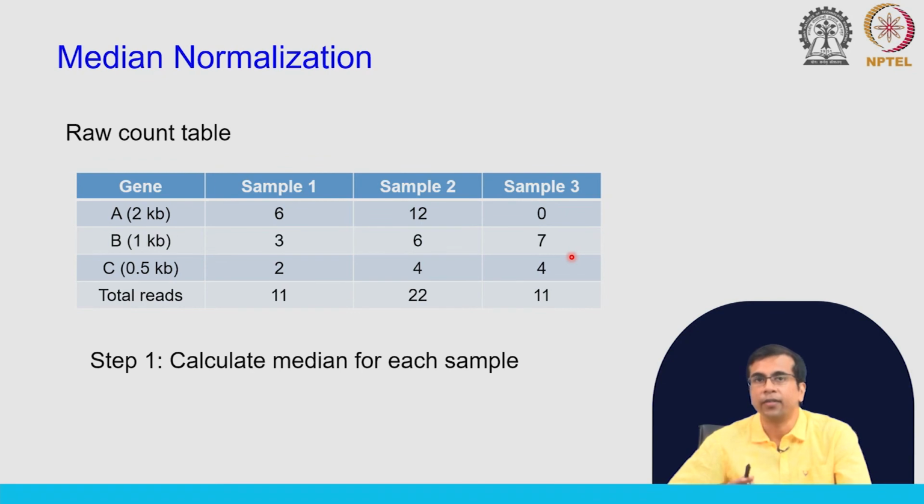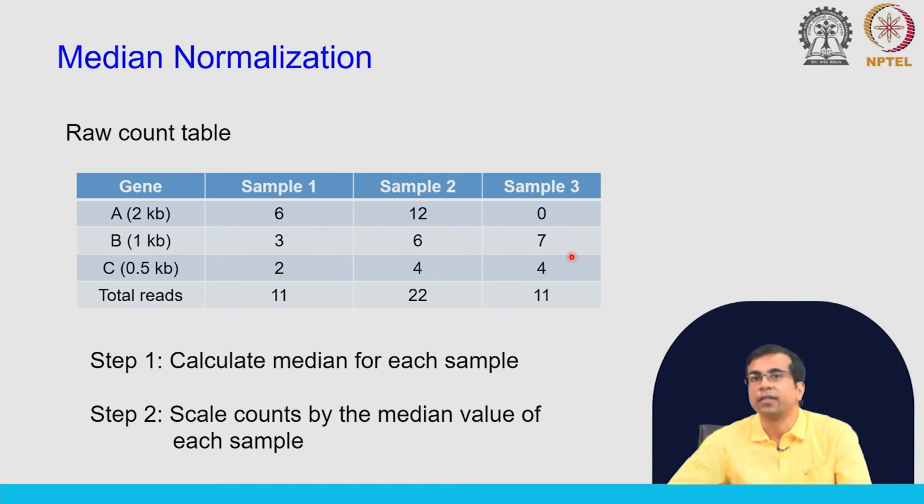So, this is the idea. Step 1, we calculate the median for each sample and then scale the counts by the median value of each sample. And at the end what you will get is that the median value for each sample will be the same. Before you start the normalization, of course, they are not the same, but after normalization they will be the same.